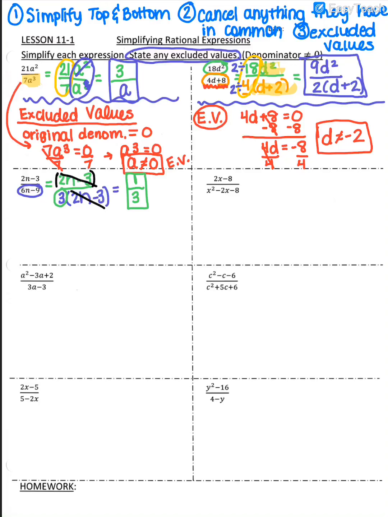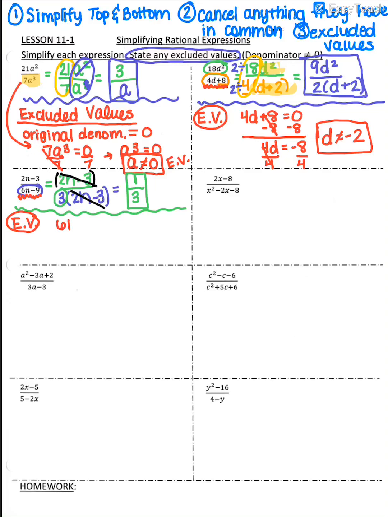Now, I'm going to go find my excluded values, which again, we have to go back to the original denominator, which I already have circled up here, right here, 6n minus 9. And I am going to set that equal to 0, and I'm going to solve it for n.